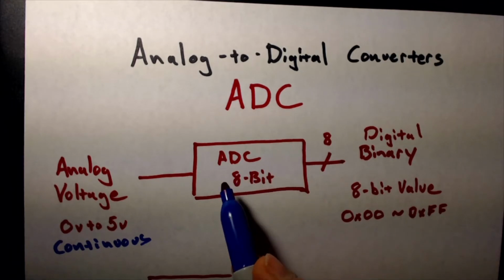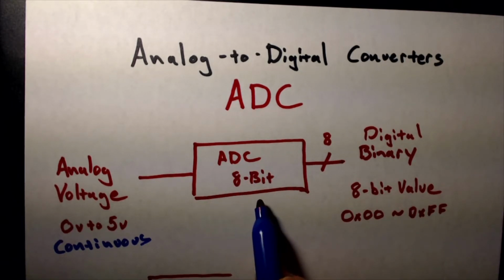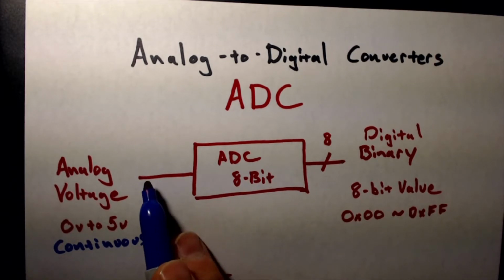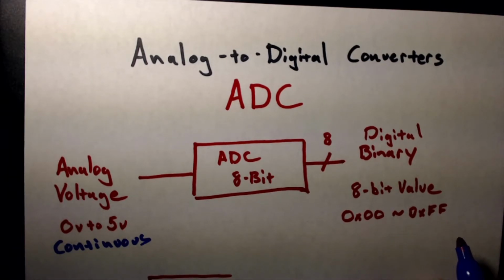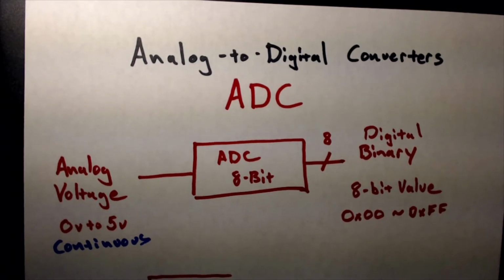And for our purposes, since this is an 8-bit analog to digital converter, it's going to convert whatever voltage is here into this range of discrete values going from hex 00 all the way up to hex 0xFF.